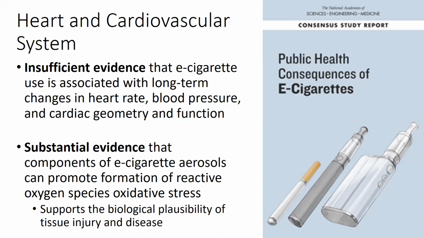We also found substantial evidence that components, and this is important, components of e-cigarette aerosol can promote formation of reactive oxygen species, which could lead to oxidative stress, and that supports the biological plausibility of tissue injury and disease. So it is possible that electronic cigarettes could lead to cardiovascular disease because of the presence of this type of toxicants in the aerosol.